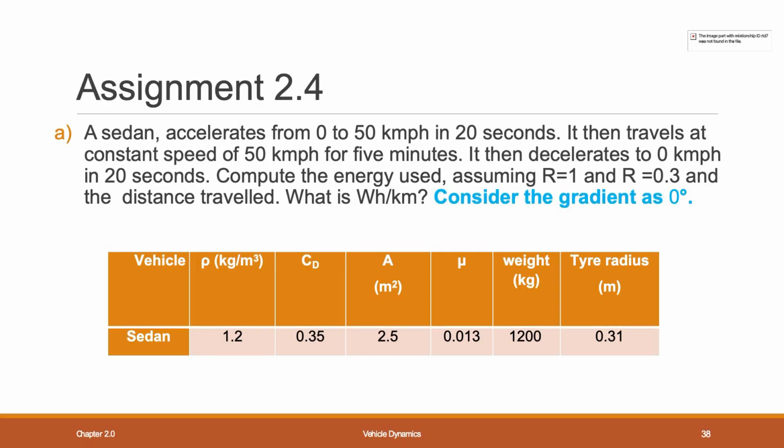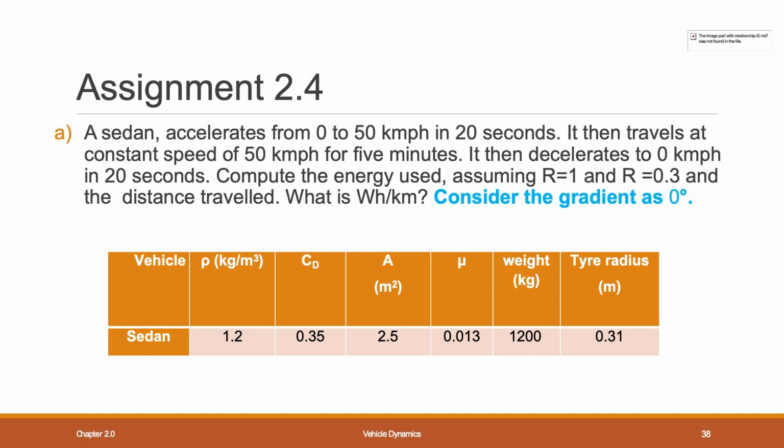I am giving you an assignment problem, where I change the drive. I have taken the same sedan. This time, first I am accelerating from 0 to 50 kilometer per hour in 20 seconds.